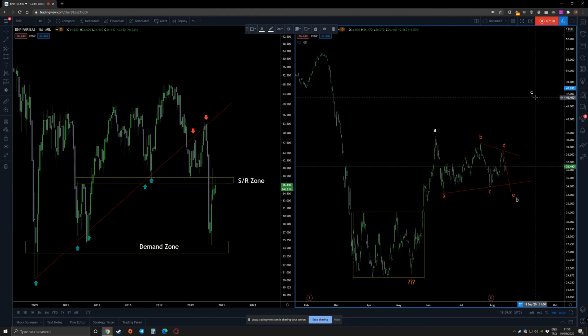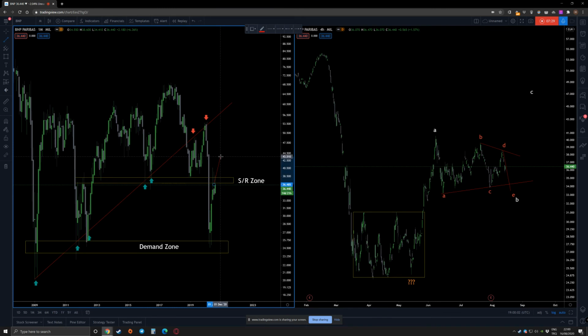Well, if we will move to the C wave up, if we can break this, it means that we will be cleared of this support zone on the monthly. So we will go like this. So after this X wave, after the C wave, maybe even if there is a break here, we will have this retest, and that retest, I'm hoping it will be something like this.